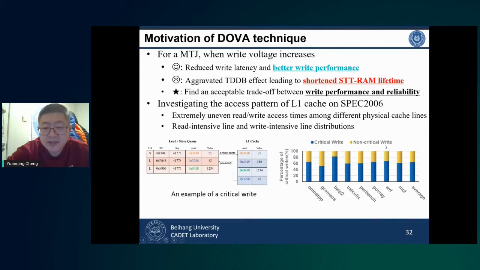So our idea is that for these non-critical writes, which have little impact on the performance, we can use a lower write voltage to reduce the TDDB effect. But for the critical writes, we have to apply a high voltage. So through applying different write voltages, we can find an acceptable trade-off between the write performance and the reliability.